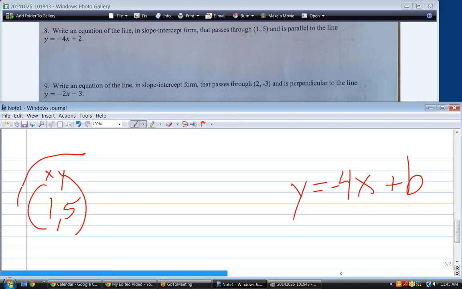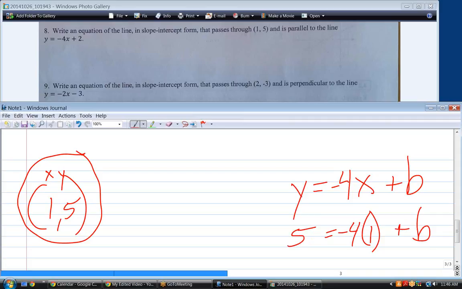I'm going to substitute both of those values, x and y, into this equation. I'm going to substitute 1 in for x, and I'm going to substitute 5 in for y. So the answer isn't y equals. The answer is 5 equals minus 4 times 1 plus b.